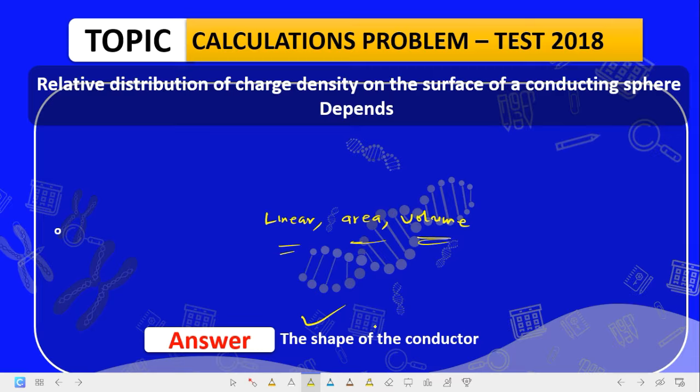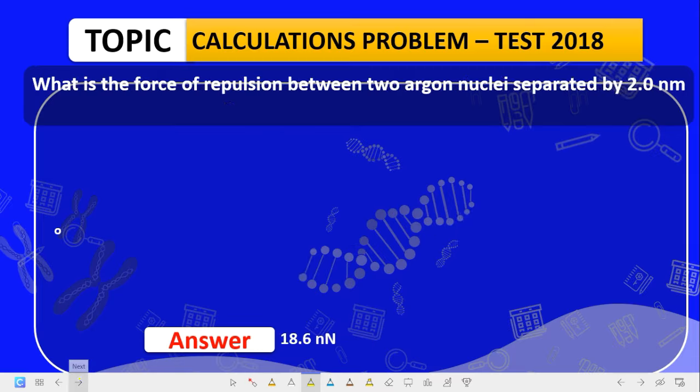So practically, the distribution of charge on the surface of a conducting sphere depends on the shape of the conductor. Now, what is the force of repulsion between two argon nuclei separated by 2.0 nanometer? First of all, we need to write out our parameters.